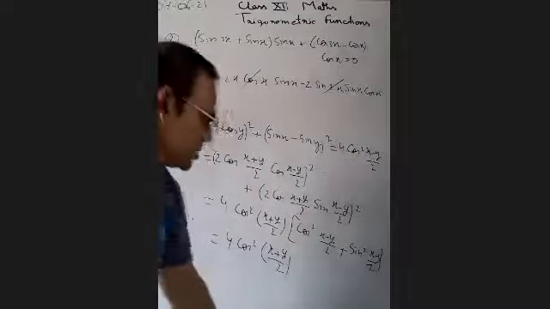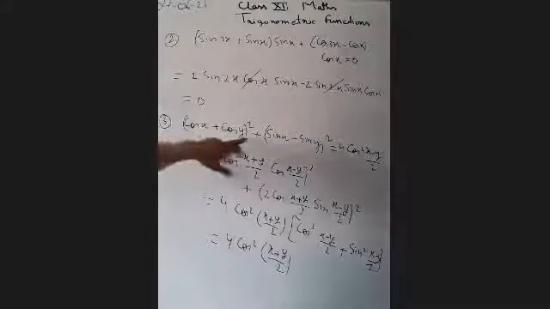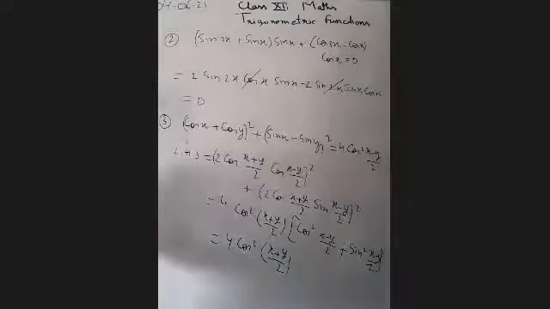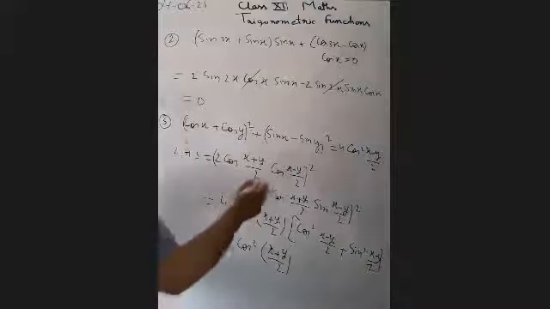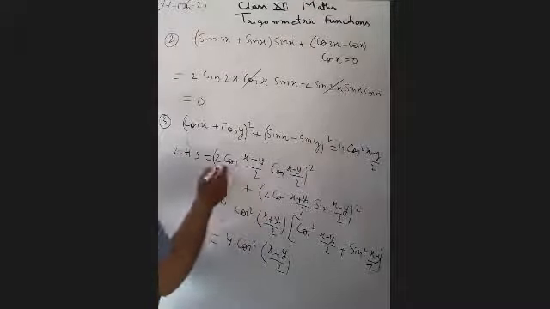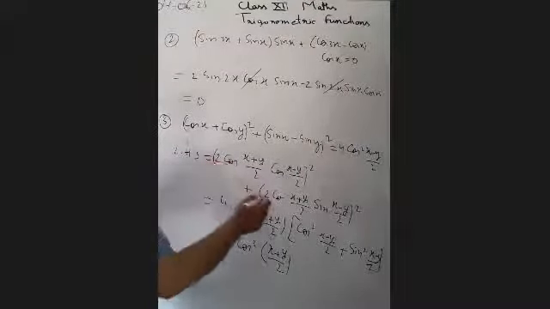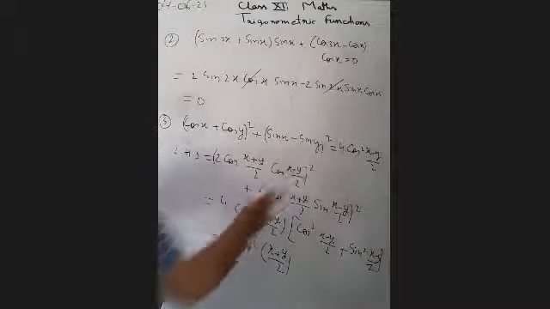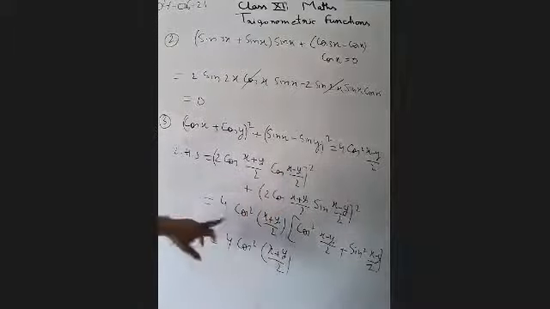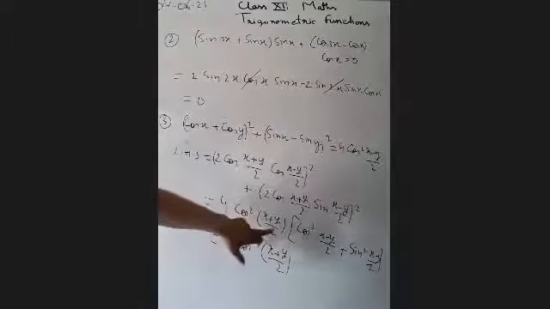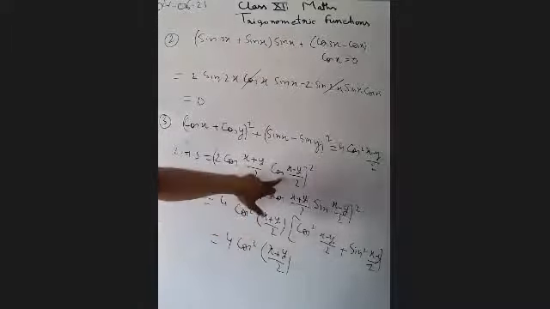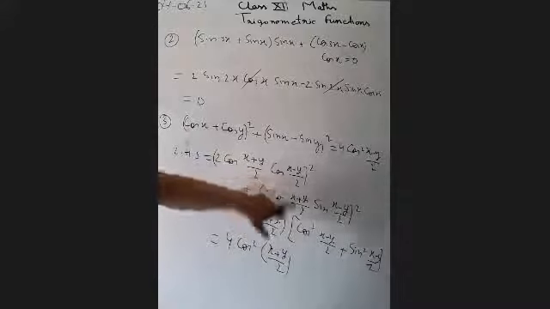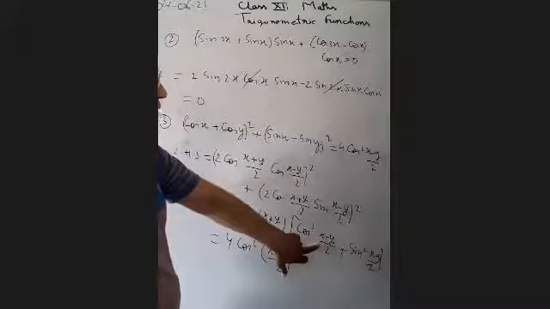We have used this formula cos c plus cos d and sin c minus sin d. After using, we have taken common 2 and cos x plus y upon 2, but we have to do the square also, so it becomes 4 cos square x plus y upon 2. The remaining term is cos x minus y upon 2, the square will be cos square x minus y upon 2.